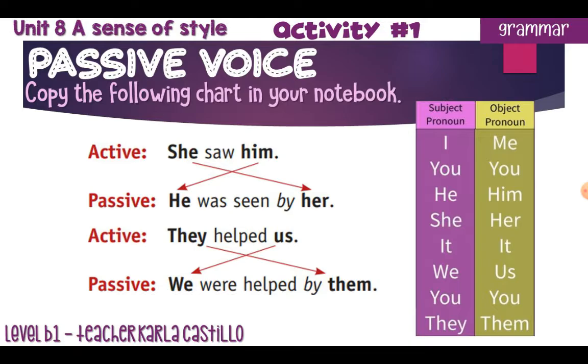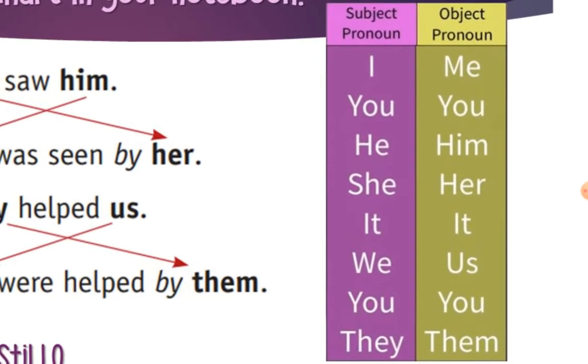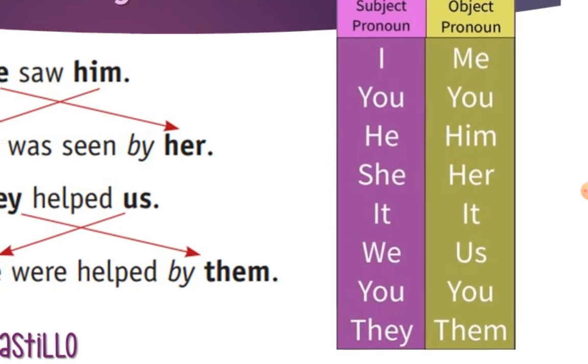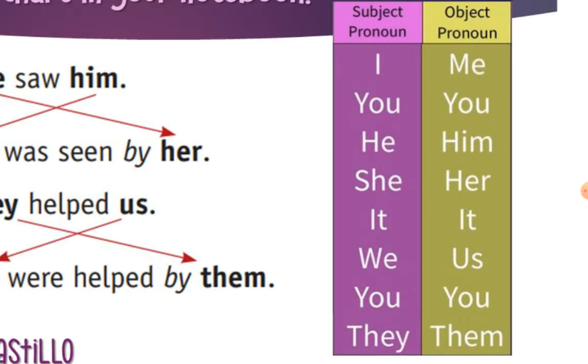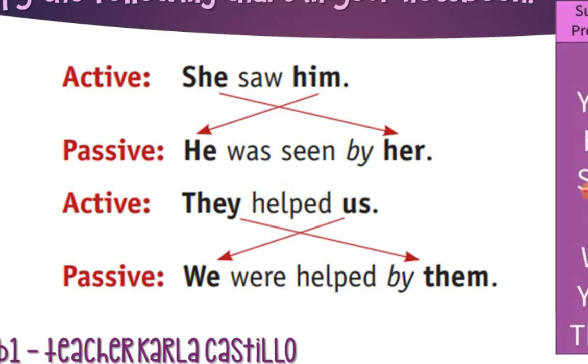Instead of saying Pedro was seen by Akemi, we are going to say he was seen by her. In this case, we're switching from the subject pronoun into the object pronoun. That's why I put them here, so you can help yourselves with these too. The other example, they help us. We were helped by them.